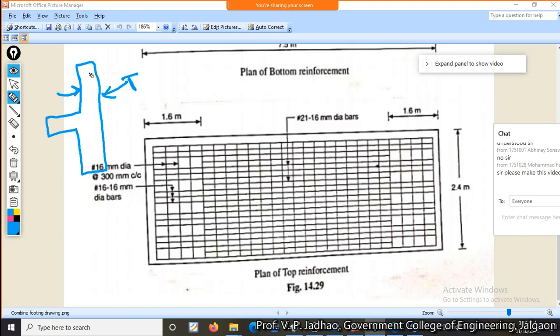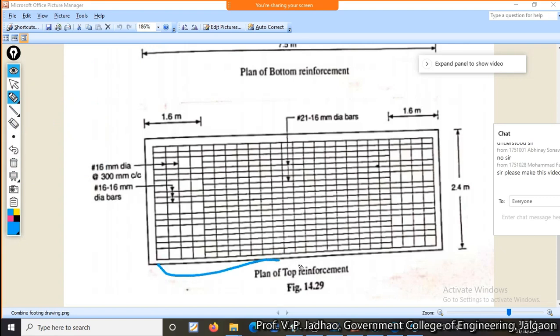We have already provided the steel in the transverse direction at the bottom face earlier. Now we are required to provide steel at the top face also in the transverse direction, but that should be minimum, and we have already seen that minimum steel reinforcement shall be at 300 mm center to center.